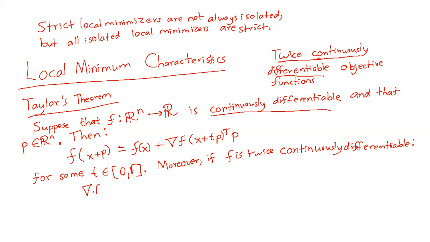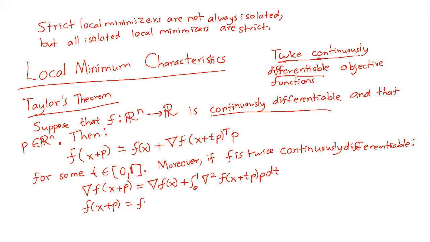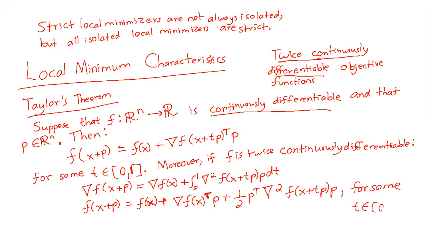What we get is that del f of x plus p is equal to del f of x plus the integral from 0 to 1 of del squared f of x plus tp p dt, and that f of x plus p equals f of x plus del f of x transpose p plus 1/2 of p transpose del squared f of x plus tp p for some t contained in 0 to 1.